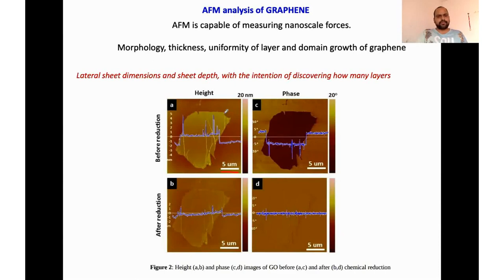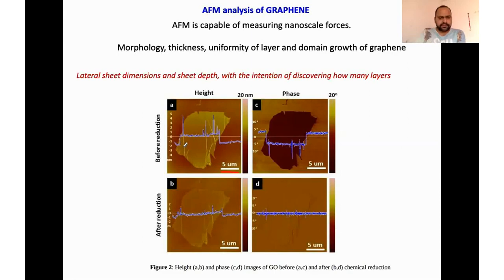Now if you see the height profile of the same sheet, it is reduced. Now the height is very small, almost 0.5 or 0.6 nanometer. So we can say that after reduction, the height is reduced, and this is a monolayer of graphene.